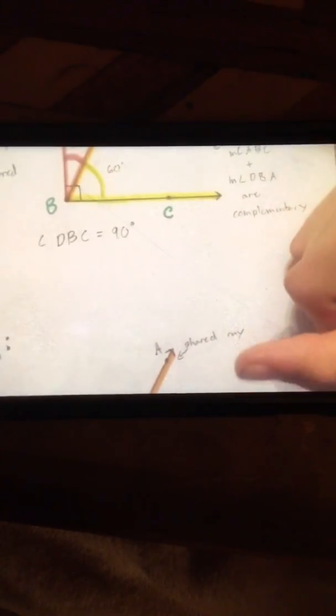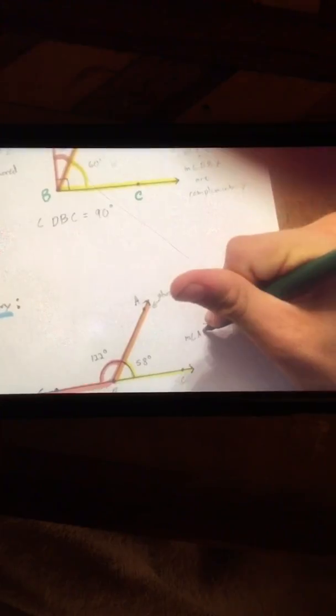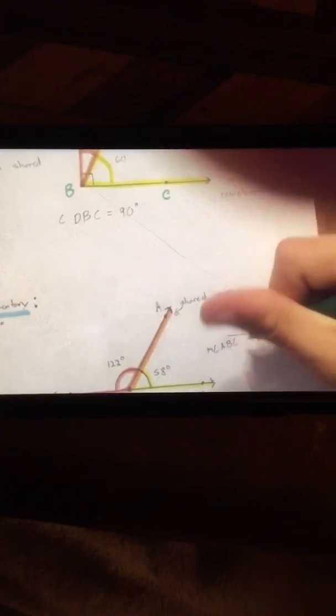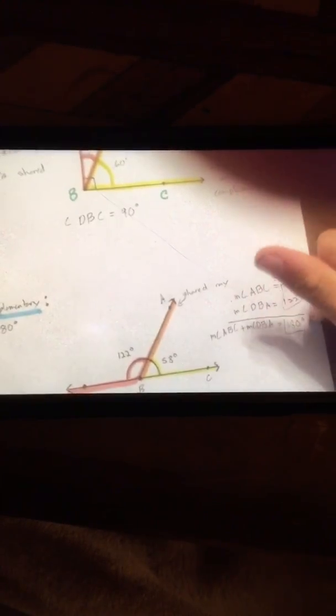But here are the degrees, which we are going to add up, and we know that supplementary angles are angles that add up to 180 degrees. So for these to be supplementary angles, they need to add up to 180 degrees. So 58 plus 122 does equal 180 degrees. So we can conclude that measured angle ABC plus measured angle DBA is equal to 180 degrees.